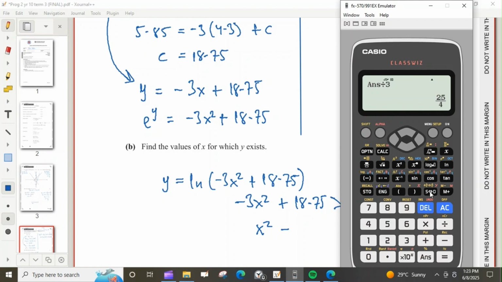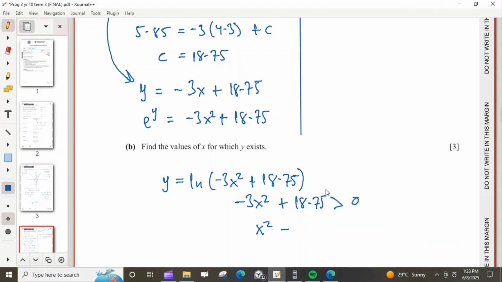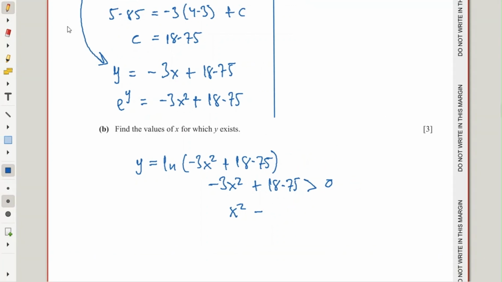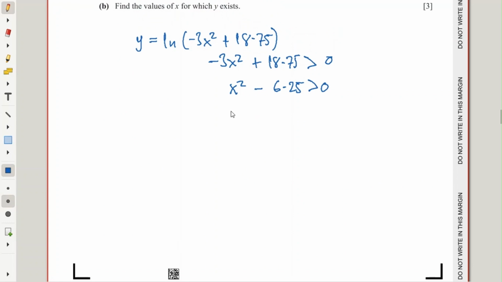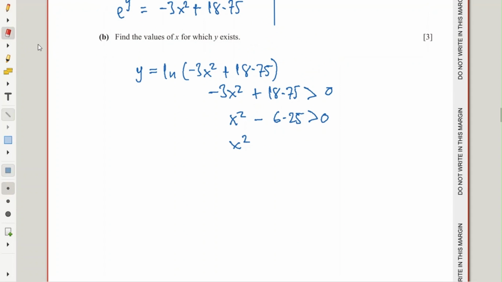Okay, that's -3. 6.25. All right, then we can solve this quadratic. Oh, don't forget that I'm dividing throughout by a negative number, so my inequality sign will change.